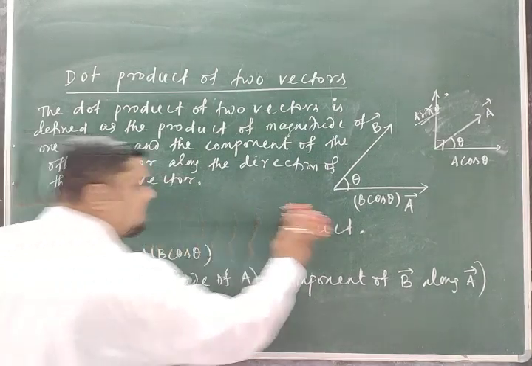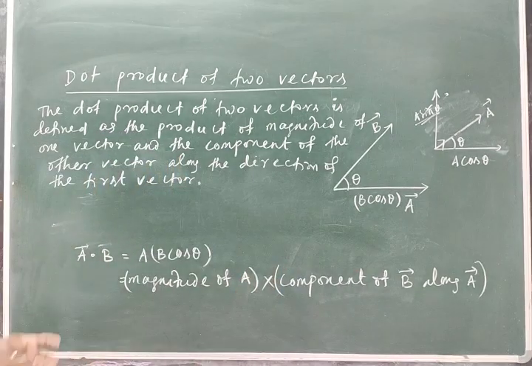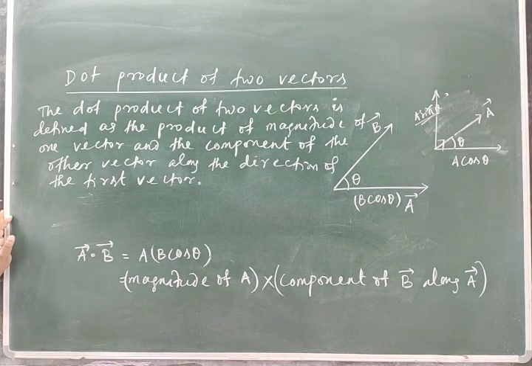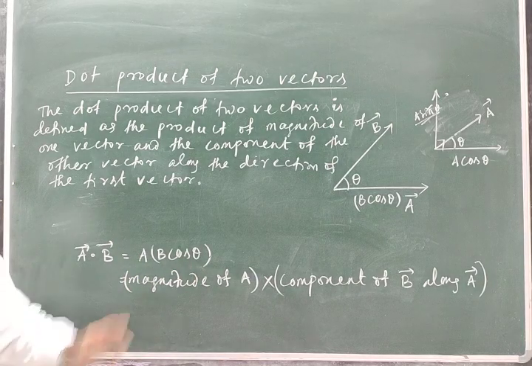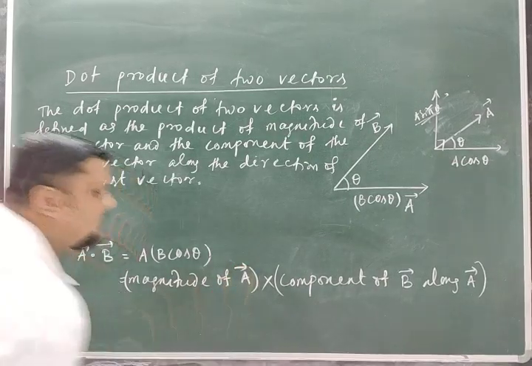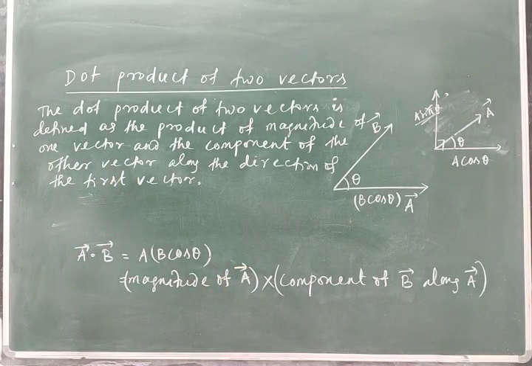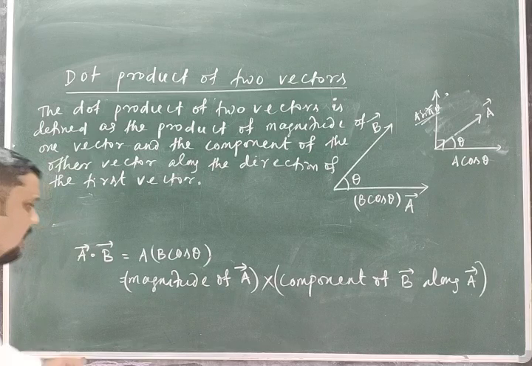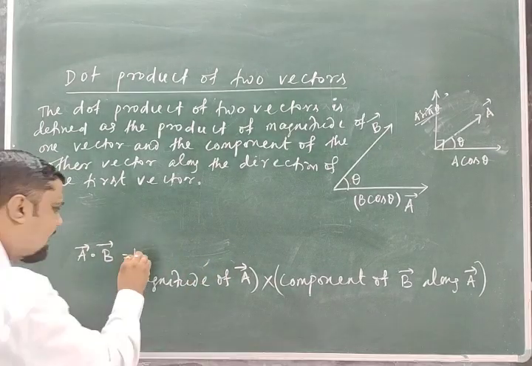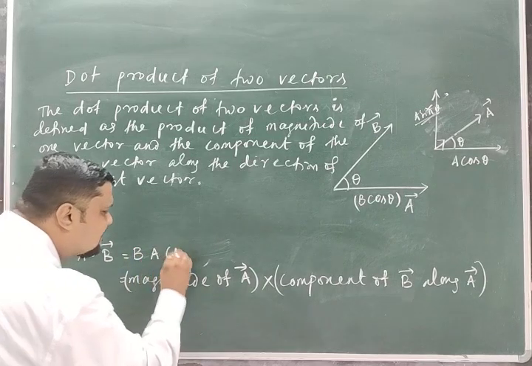Again I am repeating that. A dot B is equal to A into B cos theta. With the same definition, magnitude of A, so this is vector A, and component of B along A. Now you can write A dot B is equal to B into A cos theta.